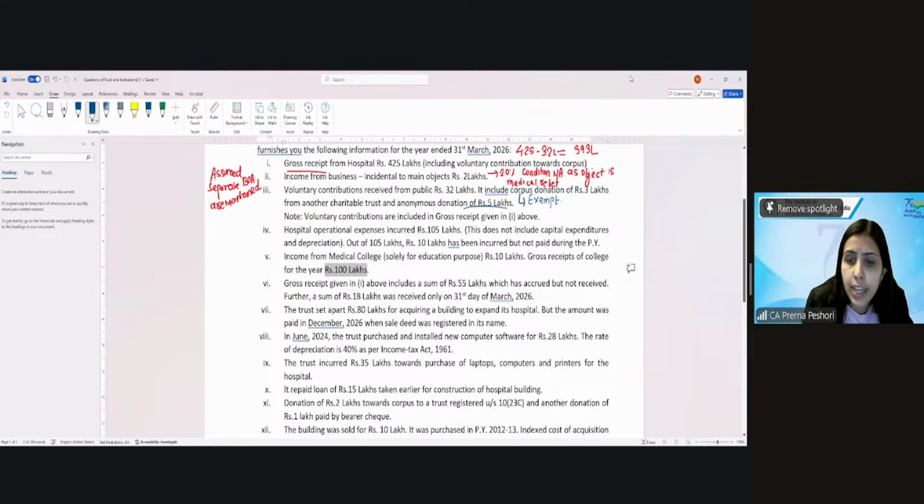So, can you claim the unconditional exemption? Yes. But what are the combined receipts with the medical college? No, ma'am. 425 plus 100 lakhs, so 525 lakhs. So we can't, right? So this will also be taxable.